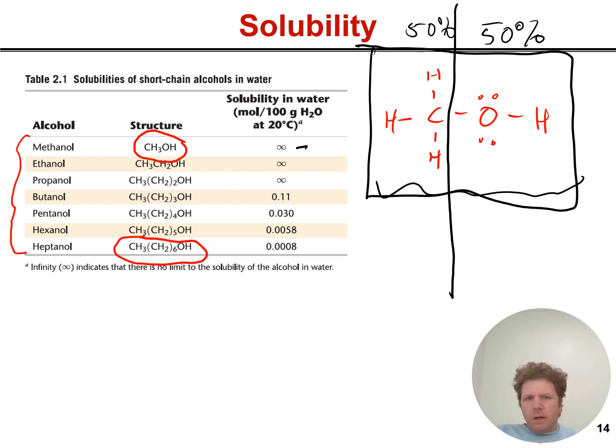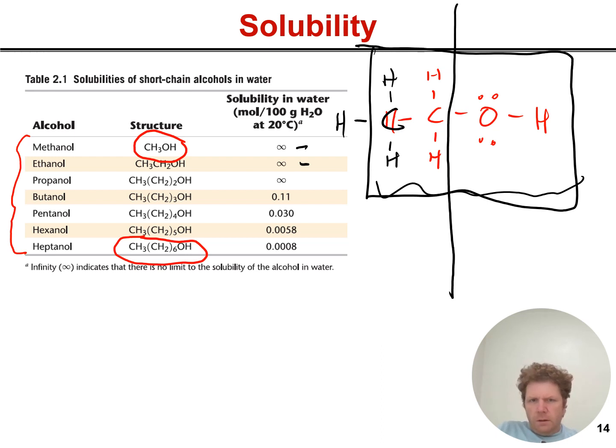Now, if I continue looking at this table, I'll see the same thing is true for ethanol. Okay, well, ethanol is a little bit more. It's got an additional carbon. Now I've converted my methanol to ethanol. Do some erasing. Okay.